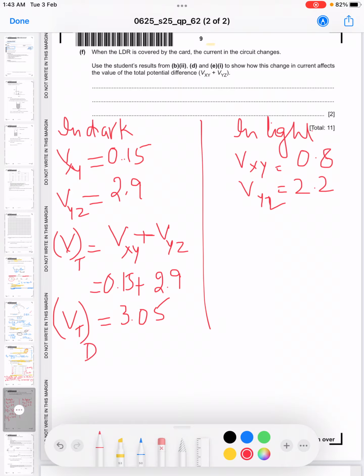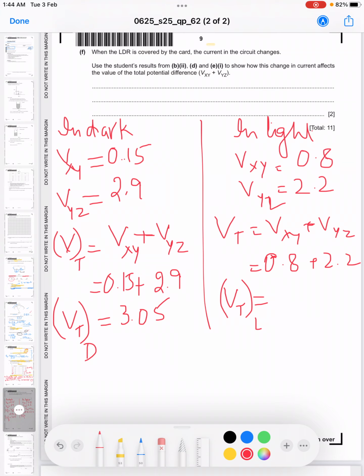Similarly, if I find out the V total in light, again the formula is same, Vxy plus Vyz. Just substitute the values, 0.8 plus 2.2. It will give you the answer 3 volts.